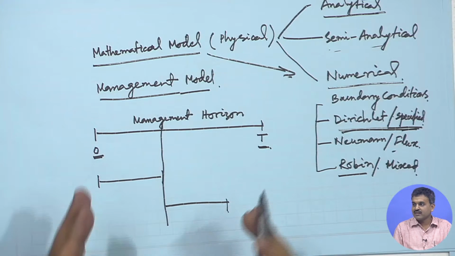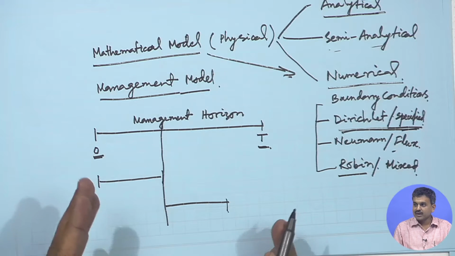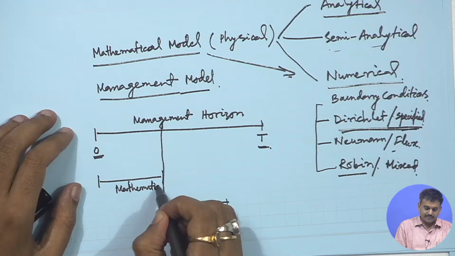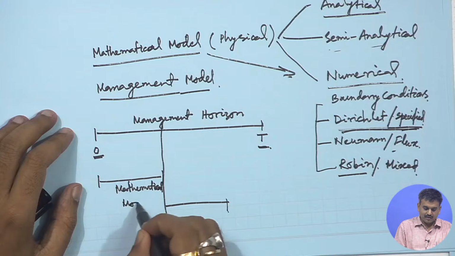So this is a sequential process by which we generally solve management problems. One is your mathematical model.